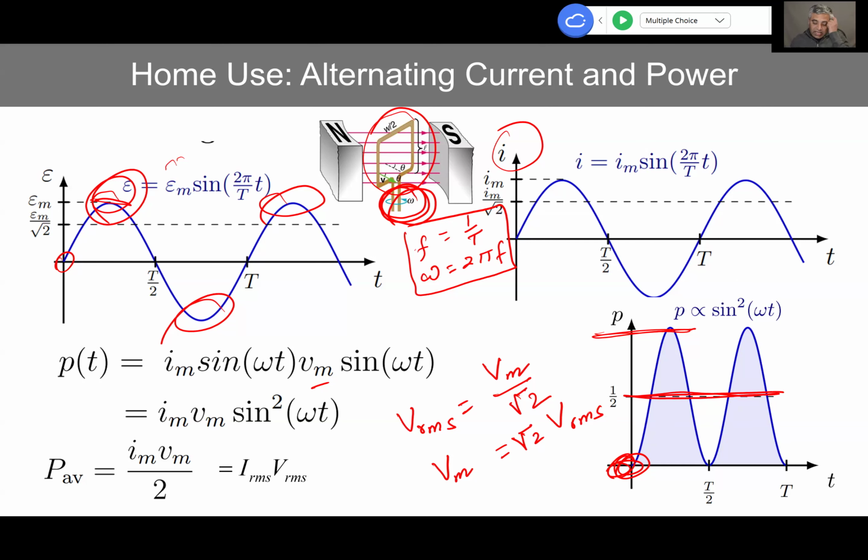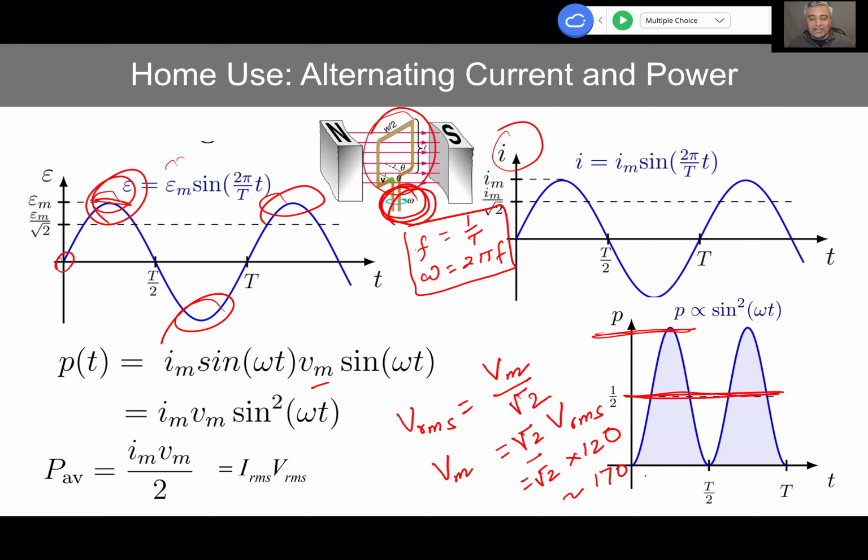So from our outlet, voltage sometimes is 0 volts, and then the maximum value can go all the way up to square root 2 times 120, which turns out to be around 170. So it goes from 0 to near 170.